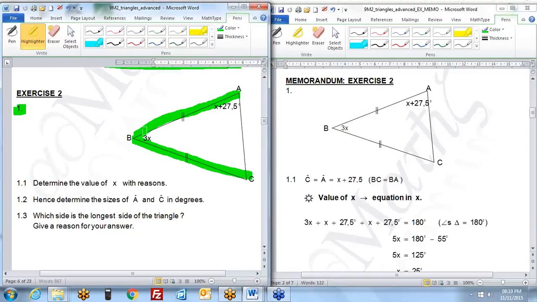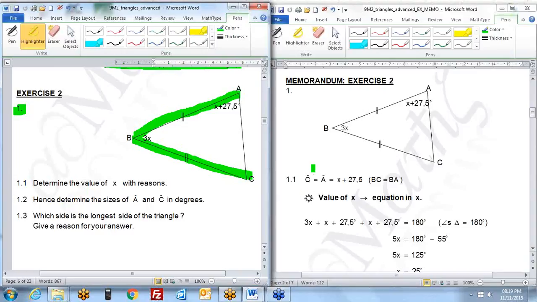So the angle opposite AB, which is angle C, will be equal in size to the angle opposite BC, which is A. So we have the size of angle A, so therefore we actually have the size of angle C as well. And we know that angle B currently equals 3x. So you guys can already see in which way I'm going to go about solving this question.